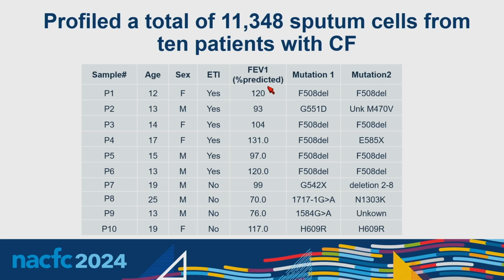This cohort mostly had preserved lung function, with a mean percent predicted FEV1 of 102, with 2 exceptions, patients showing mild obstruction in their lung function. And we profiled a total of 11,300 sputum cells.